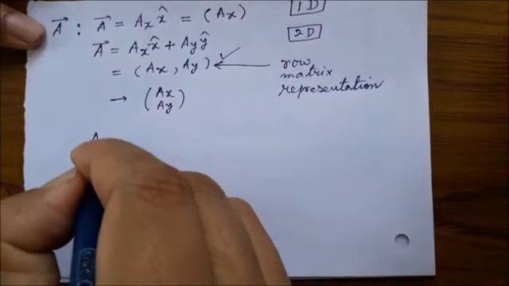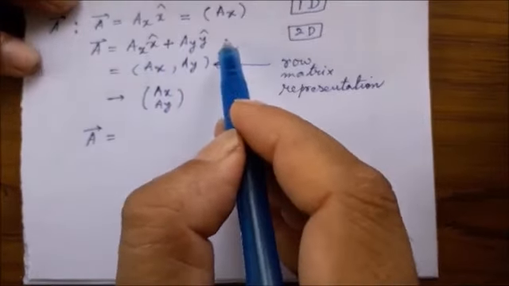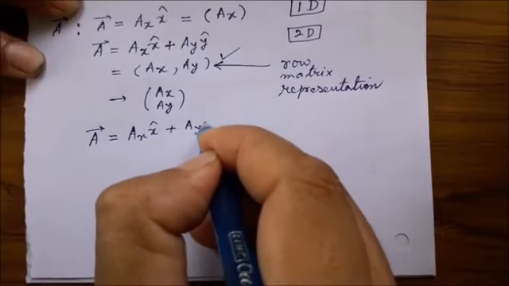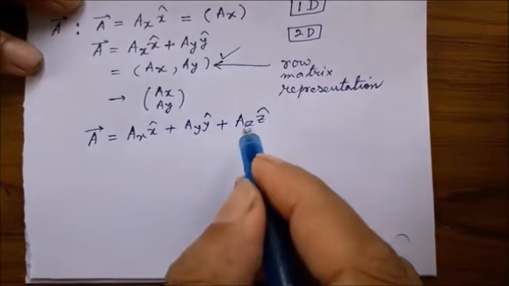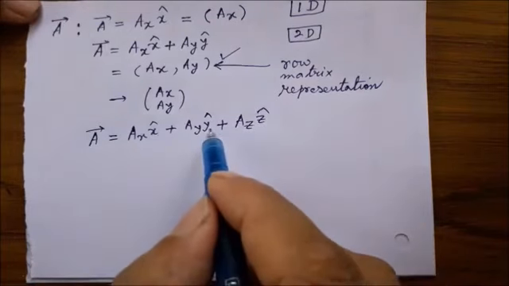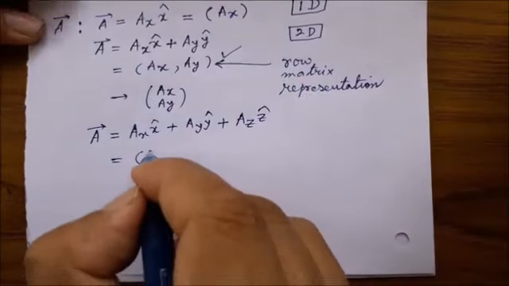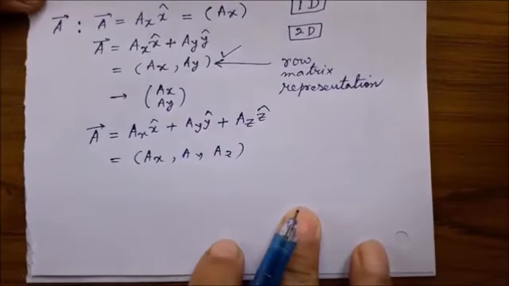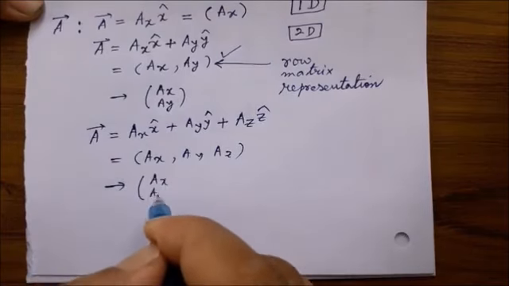In 3D we have to add another dimension, so we'll have another term like this. So the extension is easy, the extra term that comes in is Az z hat, where z cap is a unit vector that is perpendicular to both x cap and y cap, and we can write it using row matrix representation as Ax, Ay, Az, and we can also write it using a column matrix.